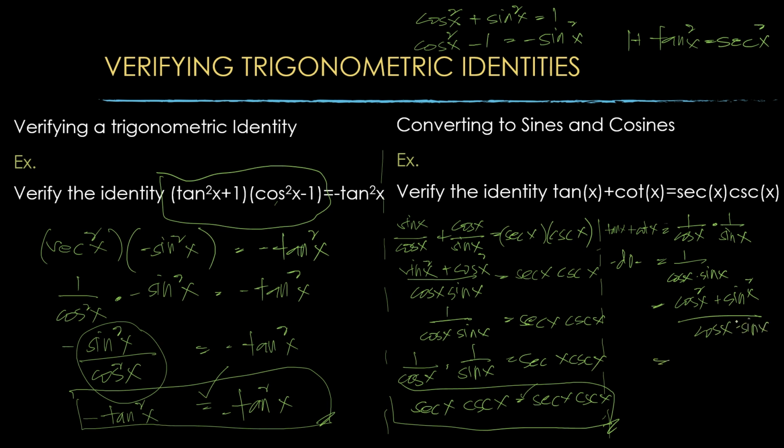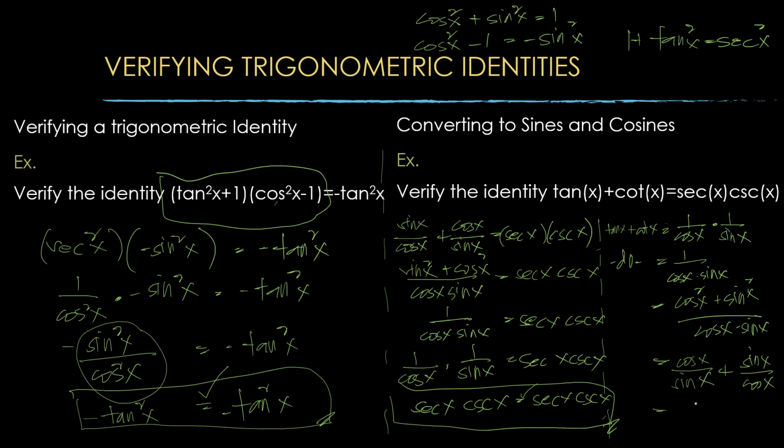And we can separate this. So you can have cosine of x squared divided by cosine of x times sine x, plus sine of x squared divided by cosine of x times sine x. So you'll have cosine of x over sine of x plus sine of x over cosine of x, after cancelling.